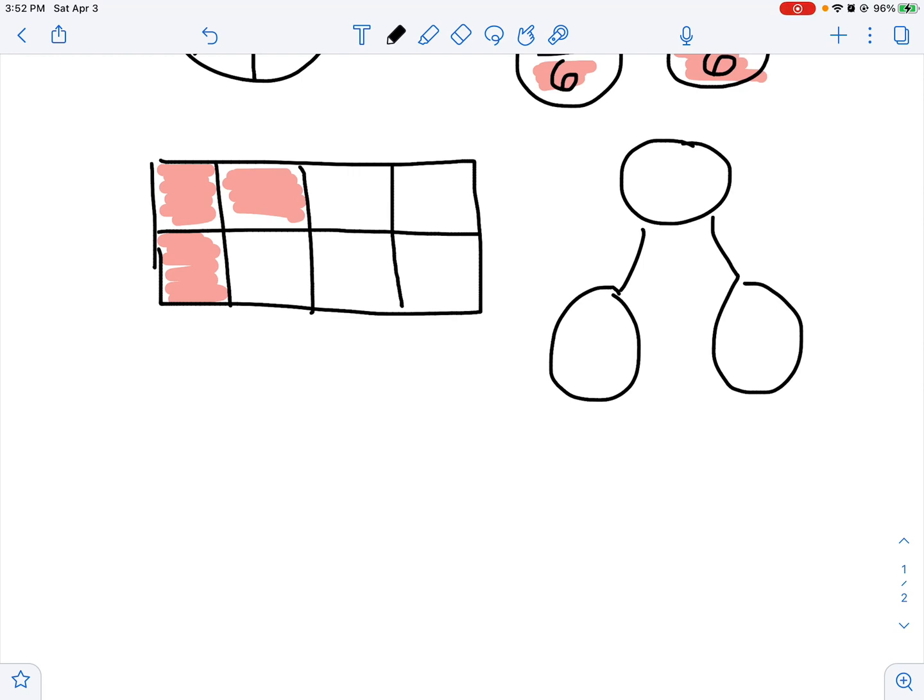We have one whole shape. We're talking about the whole rectangle here. Think of it as a pan of brownies if you wanted to, that whole pan, or a cake, or a candy bar. This is the whole candy bar, and you know how the candy bars have those little squares?